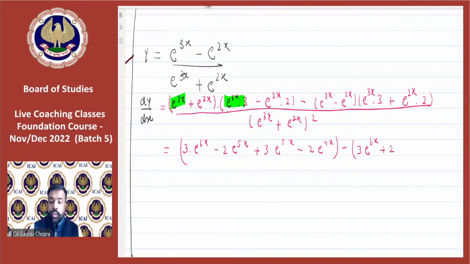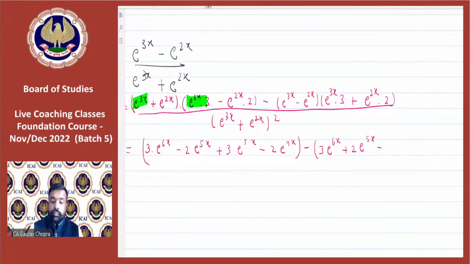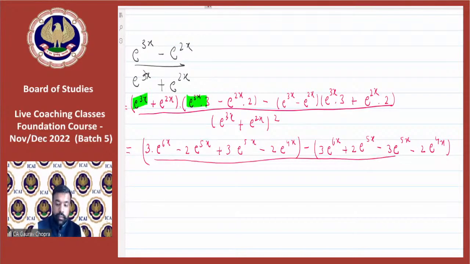Then 2 e to the power of 5x, minus 3 e to the power of 5x, minus 2 e to the power of 4x, and then the whole divided by e to the power of 3x plus e to the power of 2x, whole square.